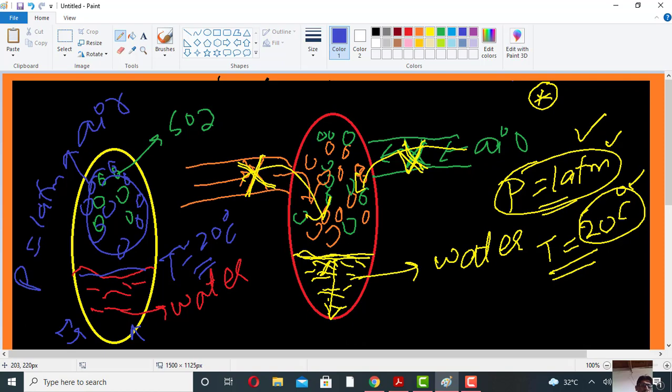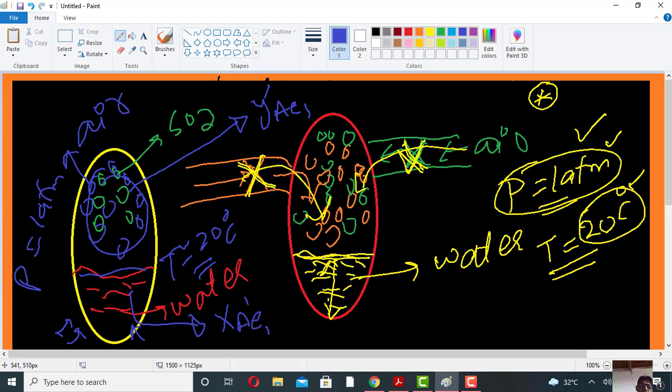When equilibrium is reached, we determine the concentration of sulfur dioxide in the air above and it comes out to YAE1 dash. When we determine the concentration of sulfur dioxide in the liquid, it comes out to XAE1 dash.